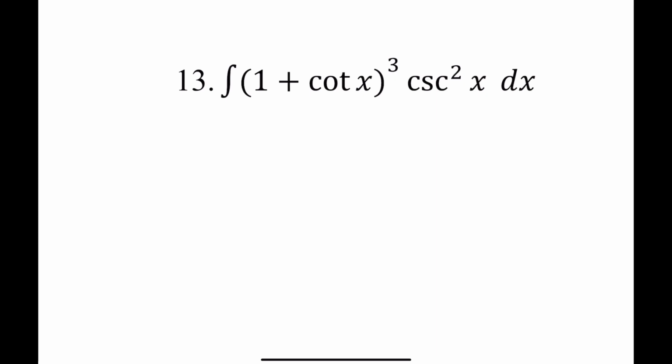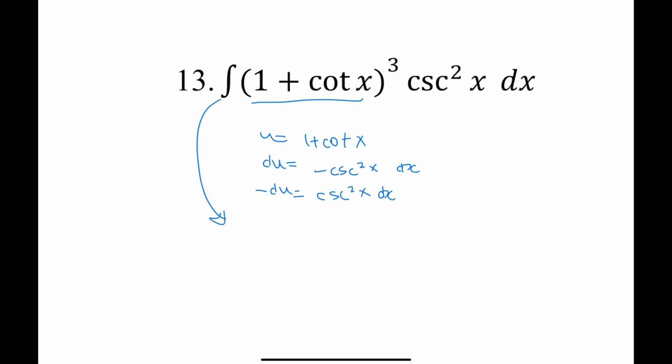We have something like a trig identity here. I think for this one we're going to be using 1 plus cotangent x as our u. That seems to be the most complicated thing. And then du is basically just going to be negative cosecant squared x dx. And we have that right here. So negative du equals cosecant squared x dx.